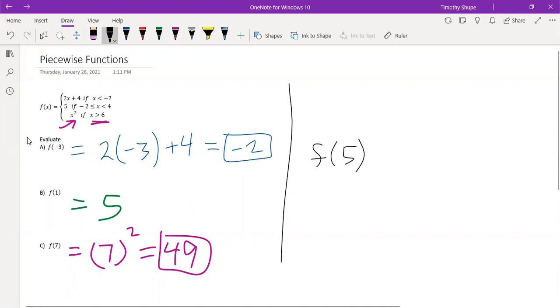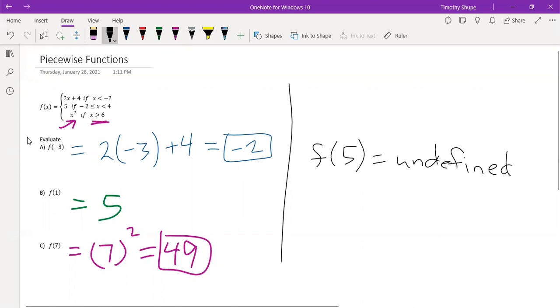But 5 isn't greater than 6, so it doesn't fall into the third piece of the function. And it's definitely not less than -2, so it's not going to fall into the first piece of the function. So this one I would have to say is undefined. And there is no value for f of 5.